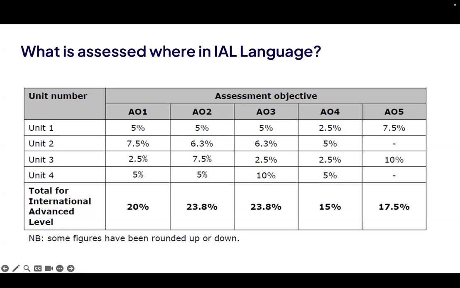This one today, you can see that the weighting on AO5 is high because that's section A, and then AOs 1, 2, 3, and 4 are assessed in section B. And then if you're around for the next presentation about paper 4, AO5 will not be assessed because that won't be required either. Okay, those figures have been rounded up or down.